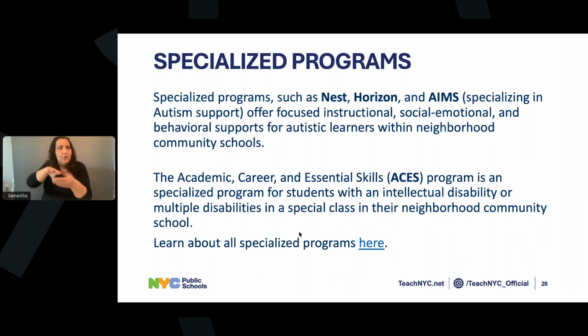And that ACES program that I mentioned is a similar program, but it's for students with intellectual disability or multiple disabilities who need a bit more support. And it's a special class setting in their neighborhood community school. And I'm going to drop a link in the chat where you can learn more about all of these programs.